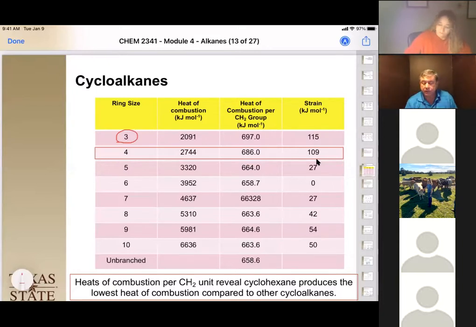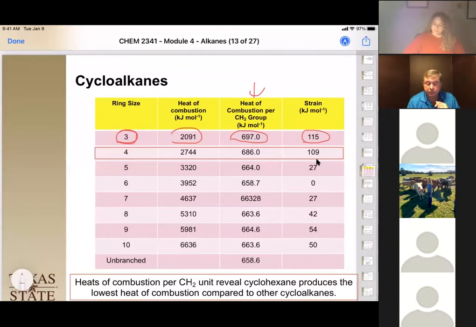So when we combust that and account for the number of CH2 units, the number of carbons, so we're comparing apples to apples, we can see that the 3-membered ring has a ring strain of 115 kilojoules per mole. So that 3-membered ring is very strained and has a very high energy associated with it.